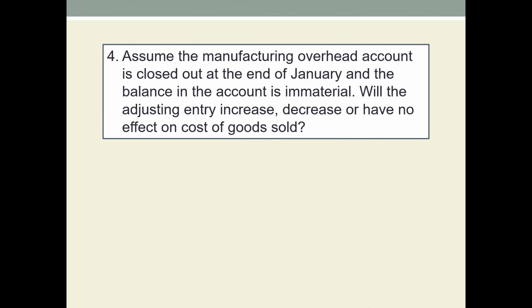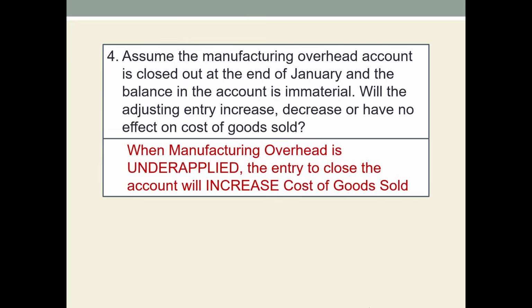If you have underassigned cost throughout the month of January, you will need to increase your cost of goods sold. The thing you're trying to do here is get your records right. So if you have underassigned cost throughout the month of January, you will need to increase your cost of goods sold to better reflect what actually happened.